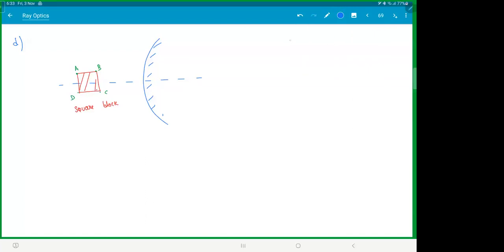Approximately draw the image. There'll be 4 options. You have to choose one. Approximately draw the image. It's a square sheet.